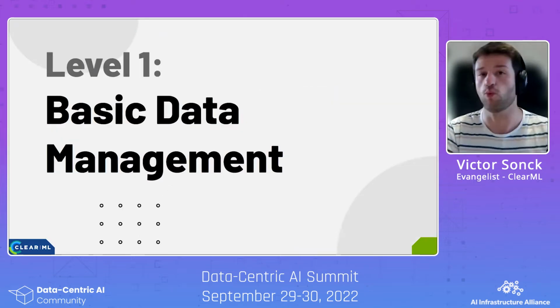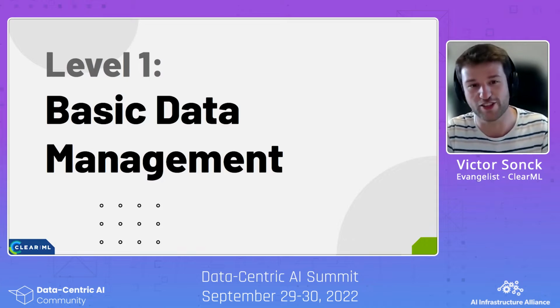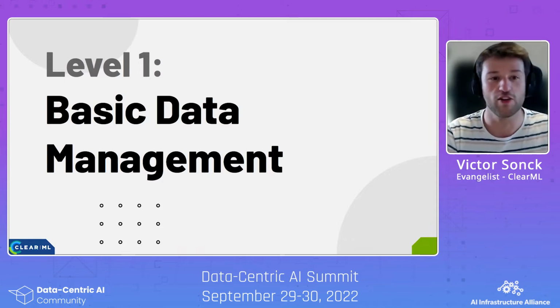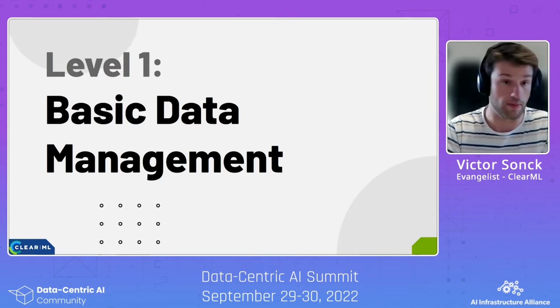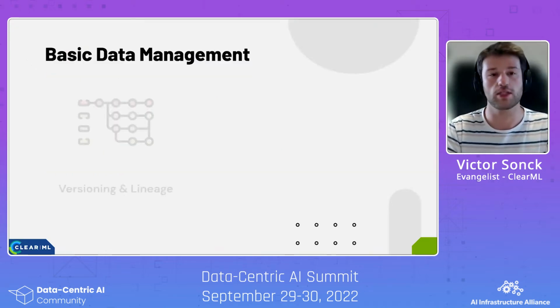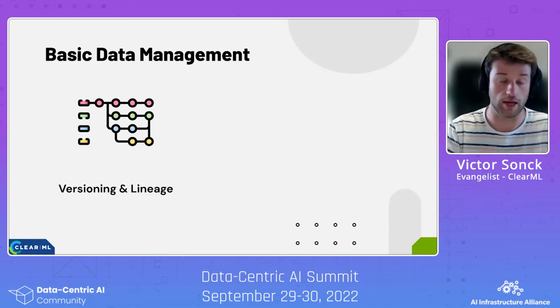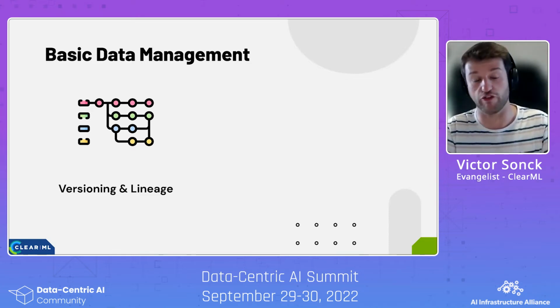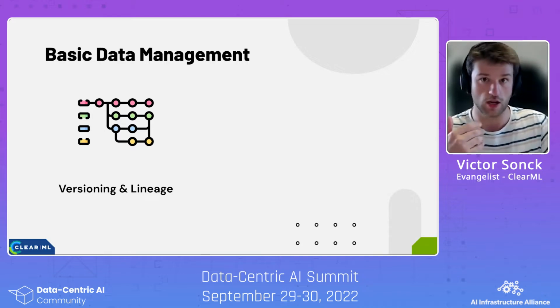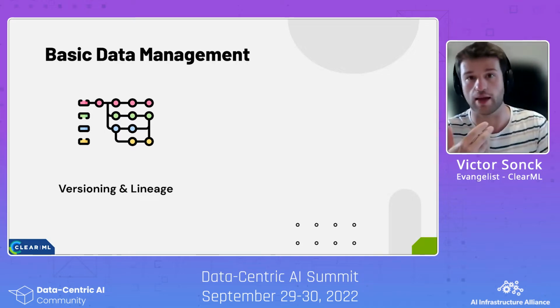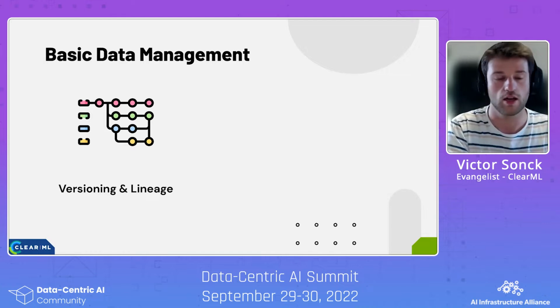And that's actually what level 1 is going to do. We'll go through 3 levels in this talk. Level 1 is just basic data management. And what do I mean with basic data management? It should actually do only 2 things, in my opinion, at least. It should have versioning and lineage, which essentially means that you have a history of all of the changes that you did over time on a specific dataset.